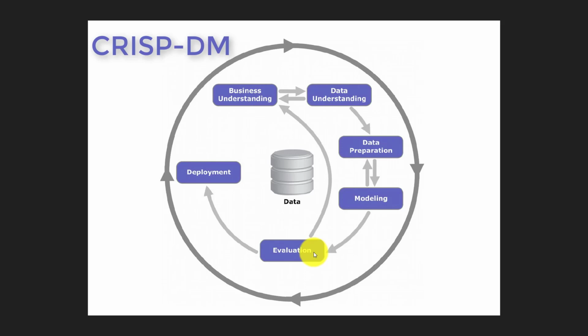Once we have that good model, we're satisfied with the model, now we can move on to deployment. For data science projects, this typically means developing some type of automated process or some type of system that will be an implementation of our model. Now, for data analytics projects, that really is more around the decision making.